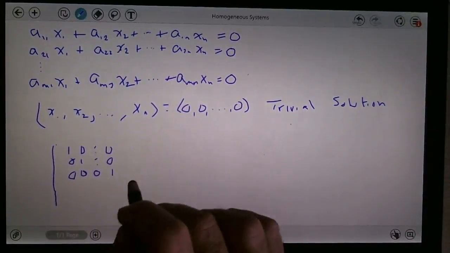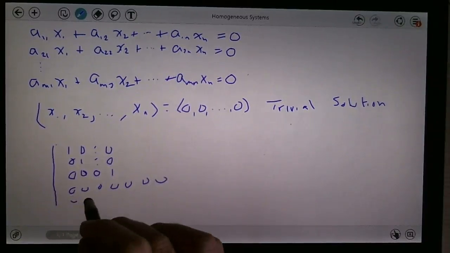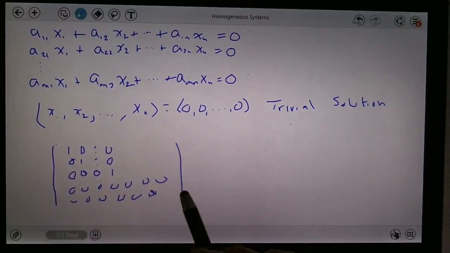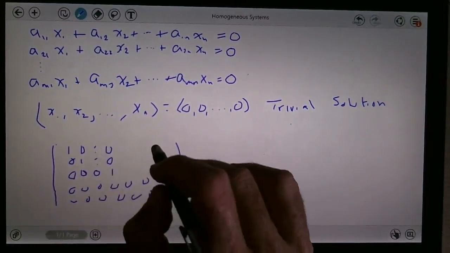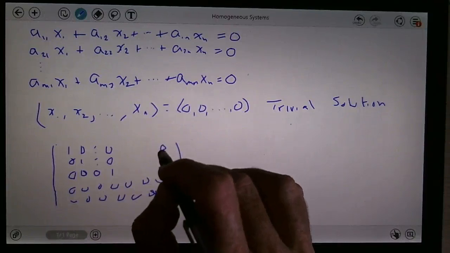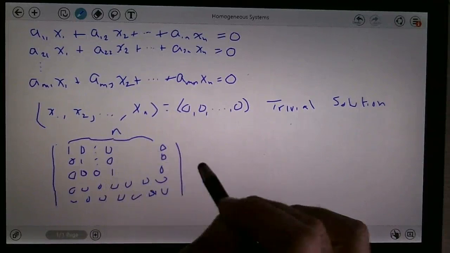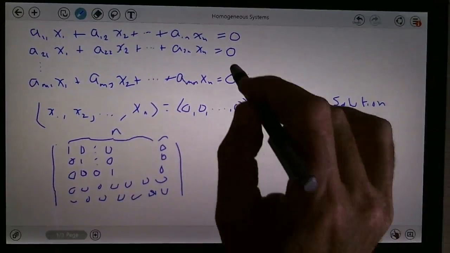And then there's other stuff, right? Maybe some all-zero rows down on the bottom. The thing is, they tell me there are n variables. That means all but this last column, these are going to be zeros here too. There's n of those, and then there's this one extra one, which is the zeros on the right-hand side here.